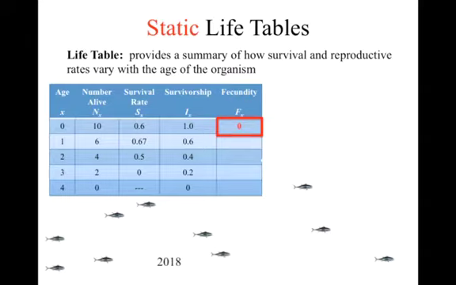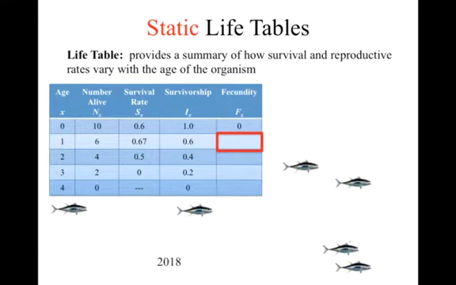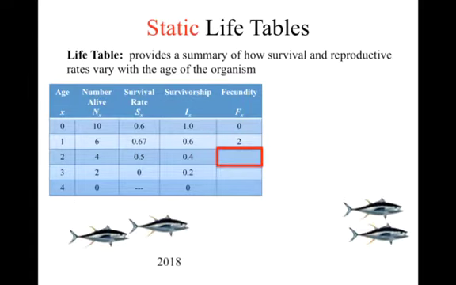Sometimes very newborn organisms can actually give birth, but that's rare. If I take a look at my year 1 fish, I have to be told how many babies they have. So in this case, I had 1, 2, 3, 4, 5, 6, 7, 8, 9, 10, 11, 12 babies out of 6 year 1 fish. So on average, each year 1 fish was having about 2 babies.